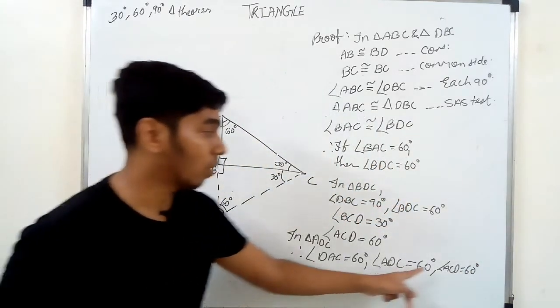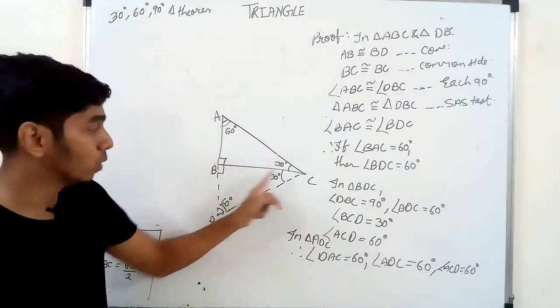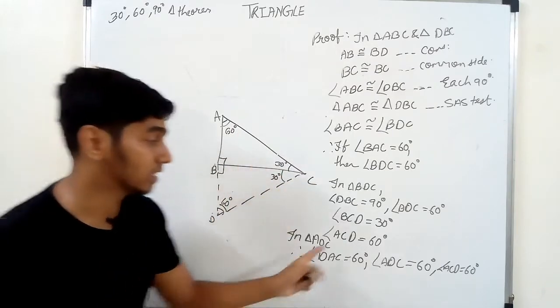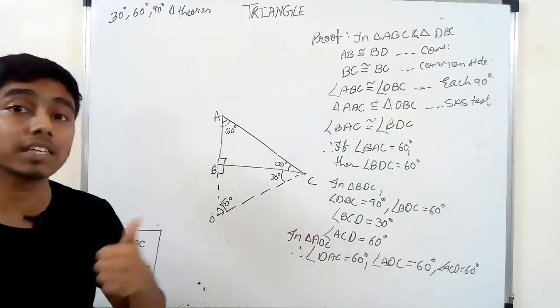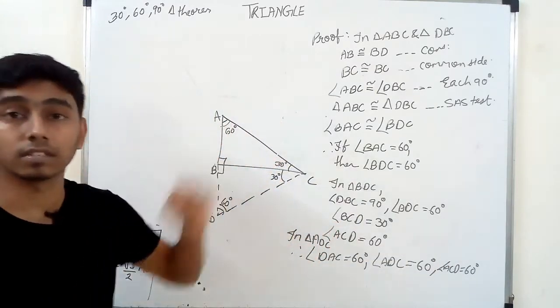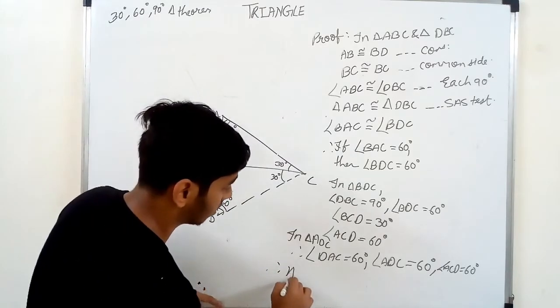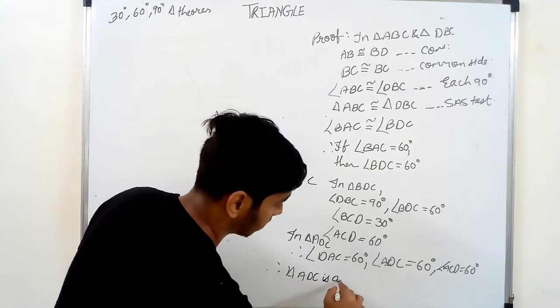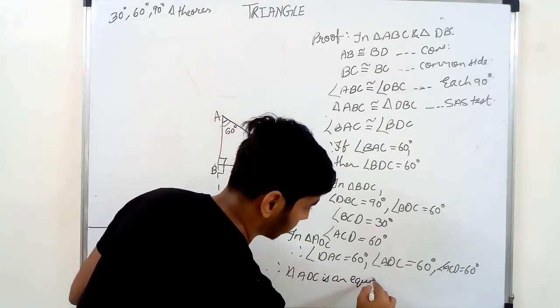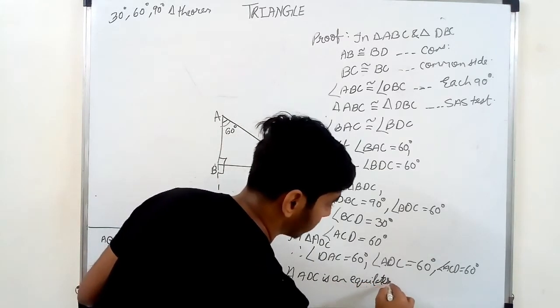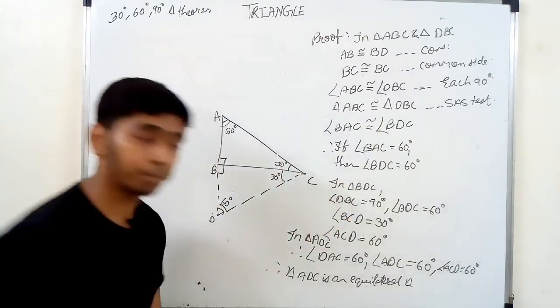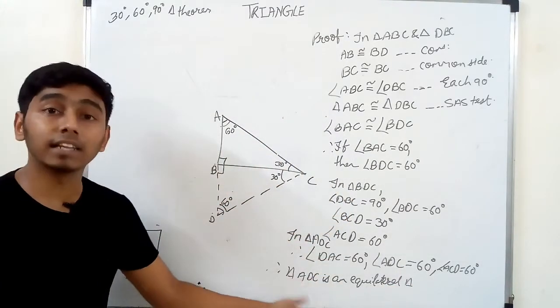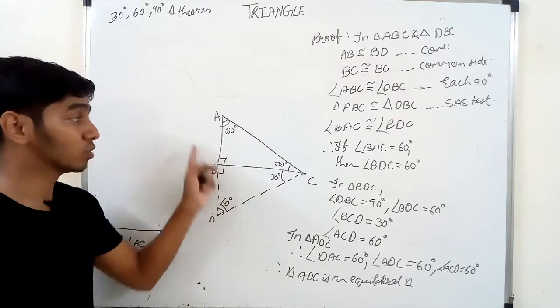So if these three angles, 1, 2 and 3, are 60 degrees each, then this becomes an equilateral triangle, as we just discussed. Therefore, triangle ADC is an equilateral triangle. If a triangle is equilateral, then the sides are also congruent.